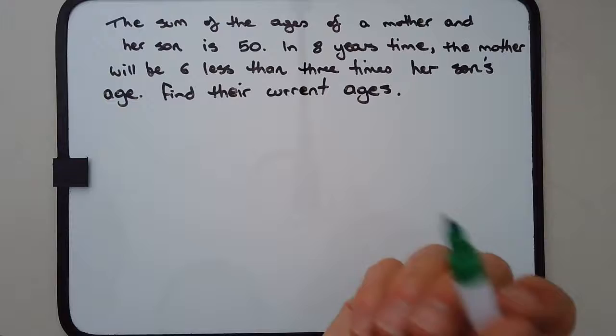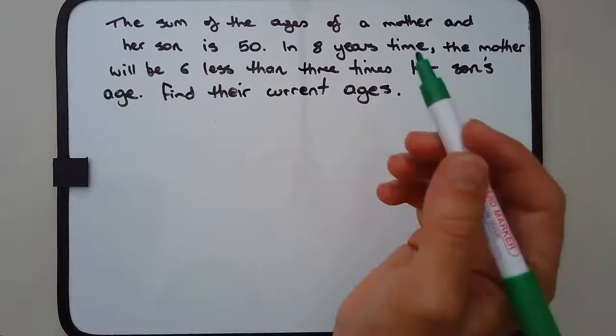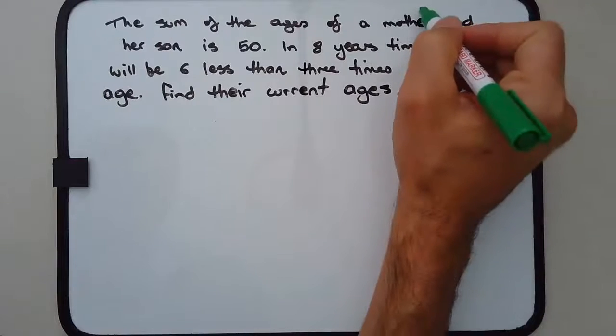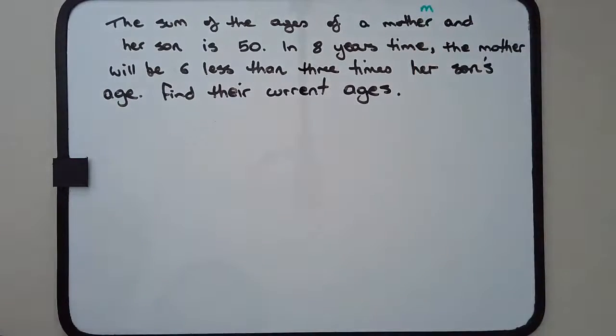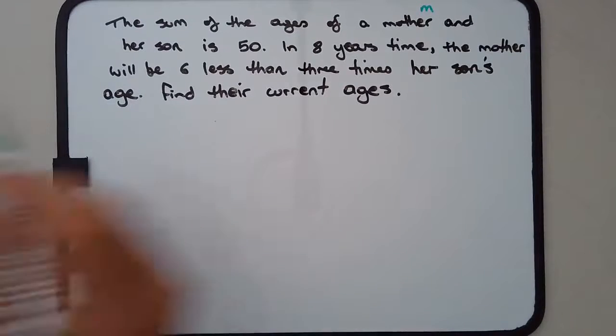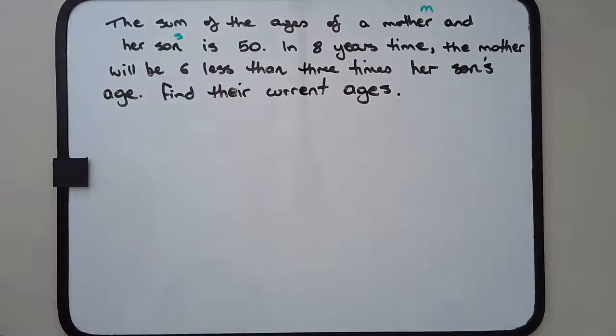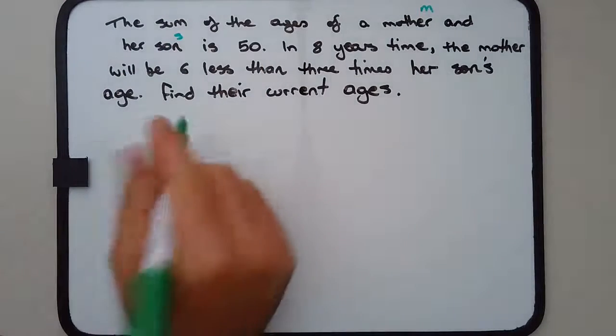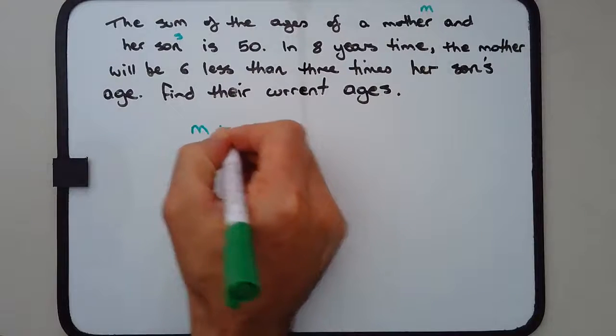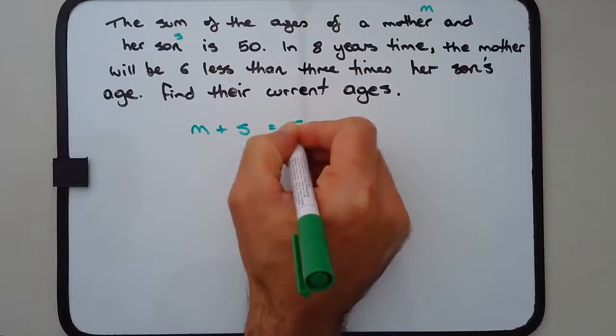So I think it's quite appropriate that we can use the pronumeral M to represent the mother's age, and S to represent the son's age. So M plus S is equal to 50.